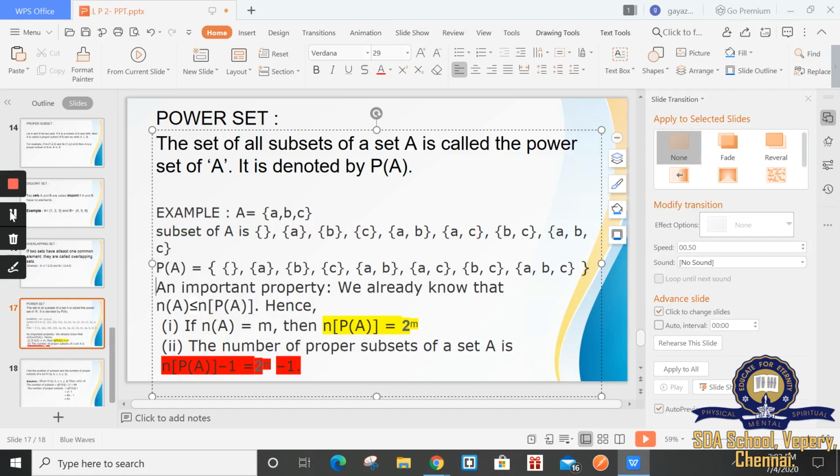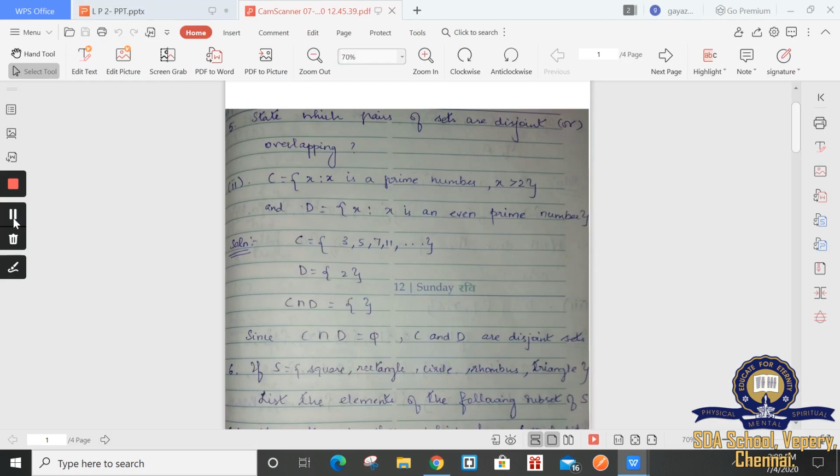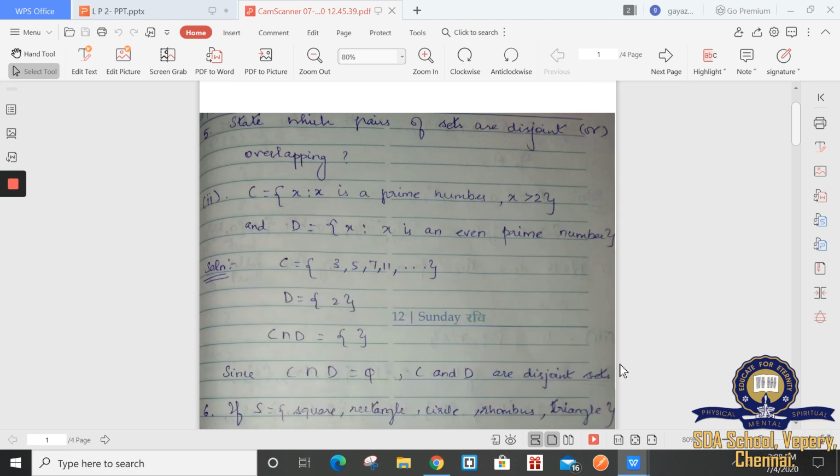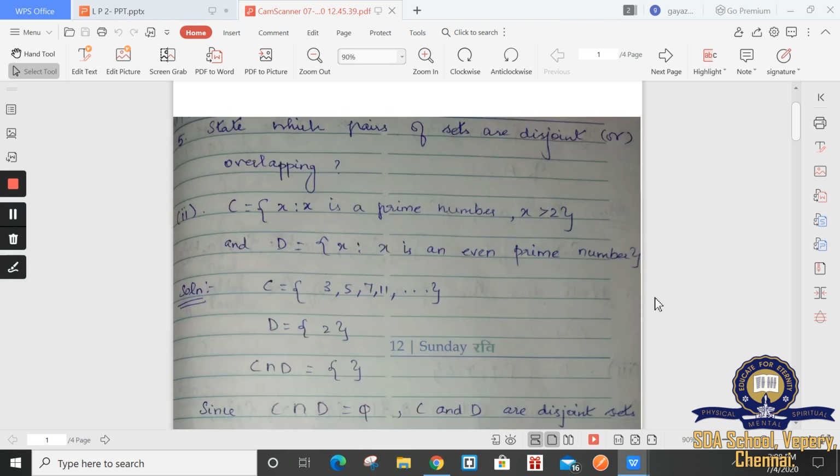So, let's move on to the fifth sum. The question is, state which pairs of sets are disjoint or overlap. Fifth sum, second subdivision. C is equal to x such that x is a prime number, x is greater than 2, and D such that D is an even prime number.